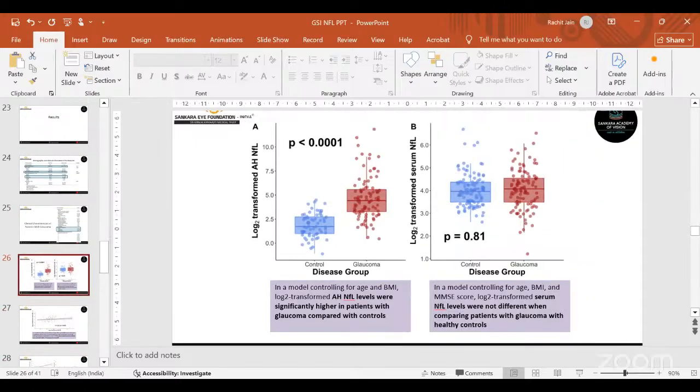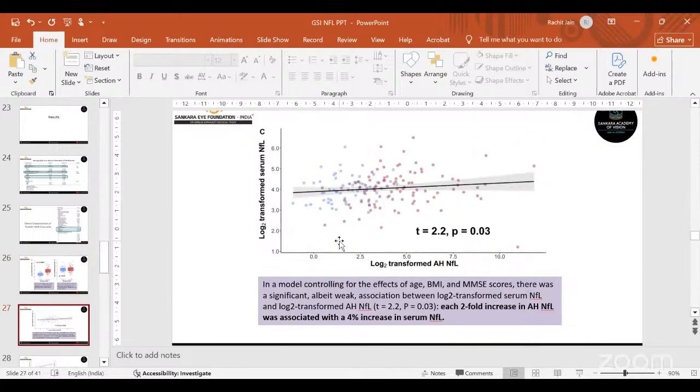So, in a model controlling for age and BMI, log2 transformed aqueous humor NFL levels were significantly higher in glaucoma patients compared to controls, as we can see here. But in a model controlling for age, BMI, and MMSE score, the log2 transformed serum NFL levels were not different between cases and controls.